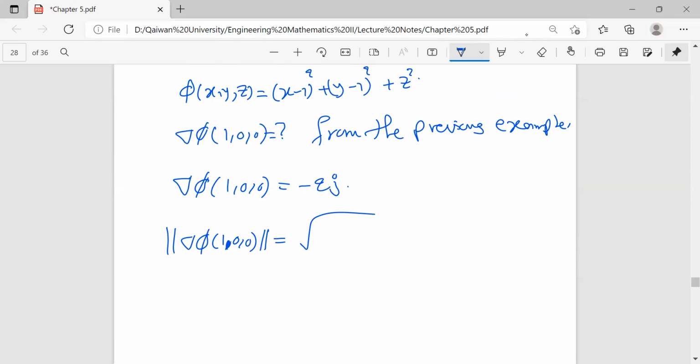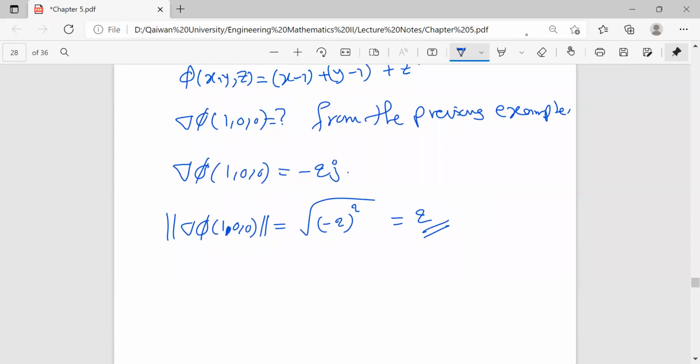Here we have only one component, which is j, because the i component and k component are 0. Here we have -2 squared plus 0 plus 0. This equals 2. This is the magnitude. -2 squared is 4, and the square root of 4 is 2.